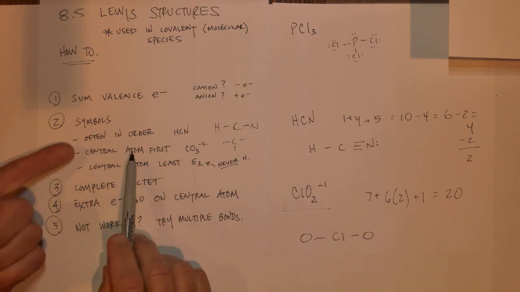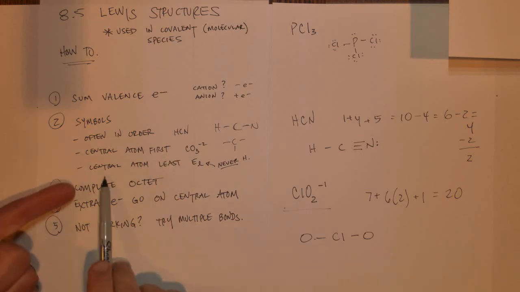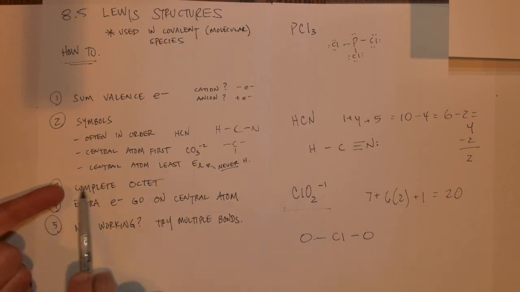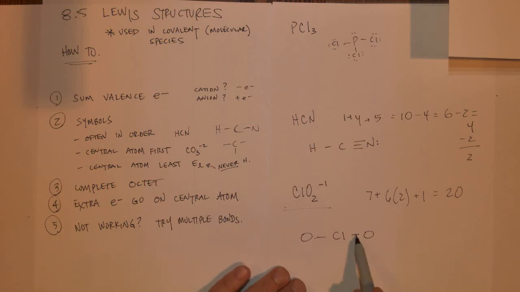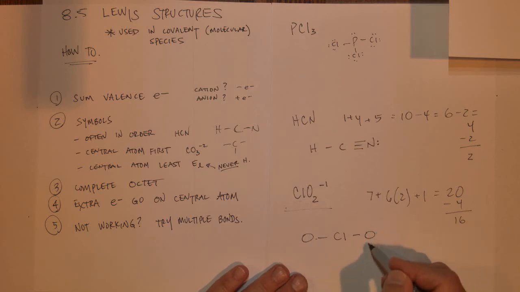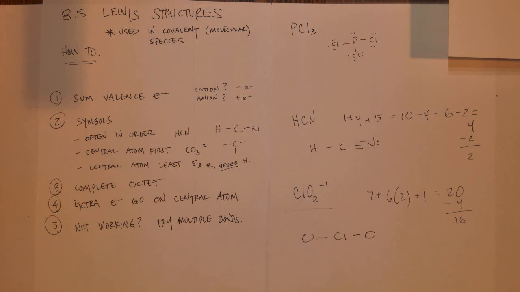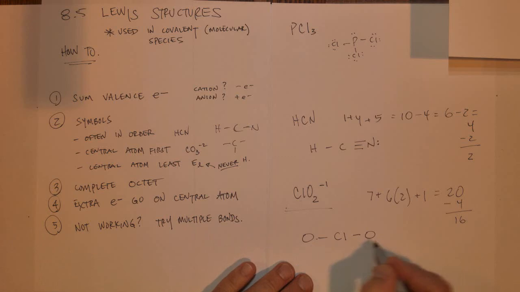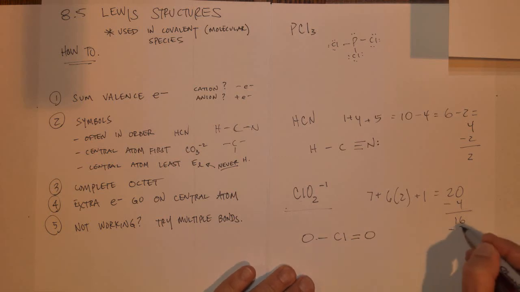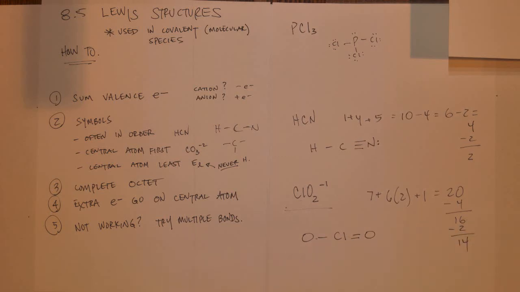So following the rules here, in order, central atom least electronegative, bang, complete the octet is next. Right now we've used 2, 4 electrons right here. We've got 16 remaining. If I go 2, 4, 6, 8, 10, 12, I've completed the octet on the oxygens, but I have not completed the octet right here on the chlorine. Well, it's not working, so what do I have to do? Try multiple bonds. Okay, let's try a second bond right here that uses up 2 more electrons, so I have 14 left.